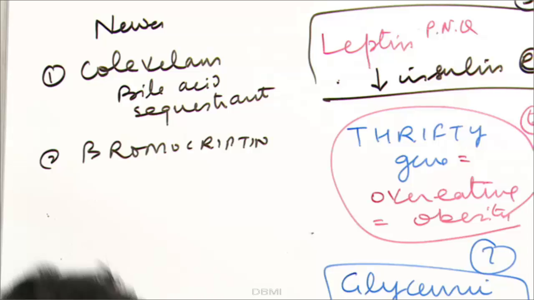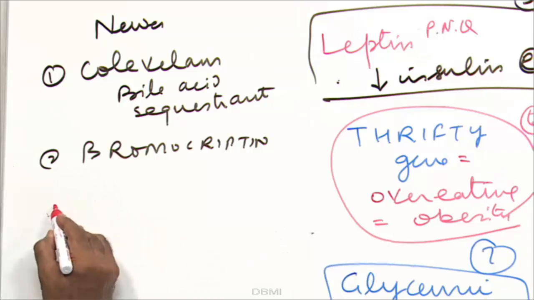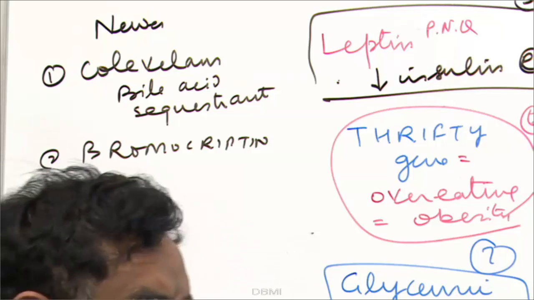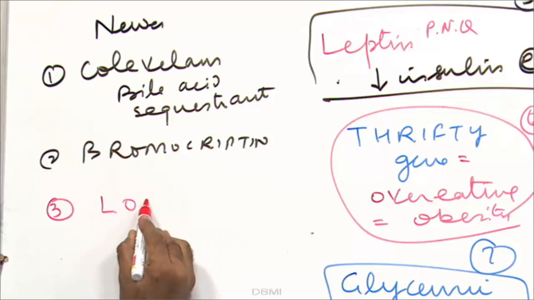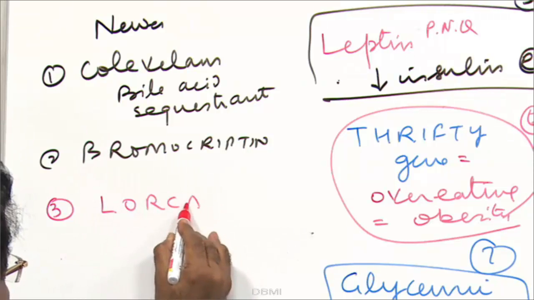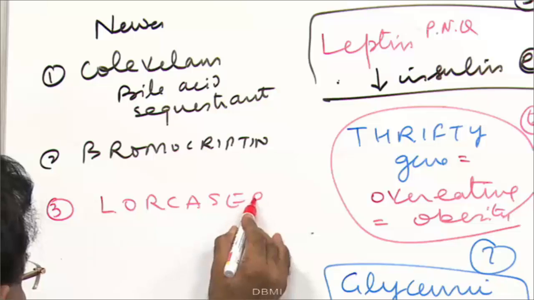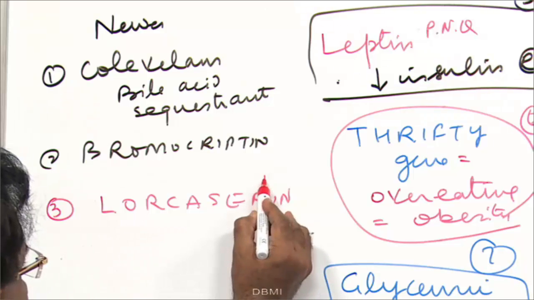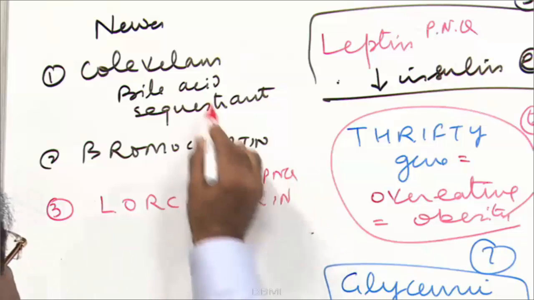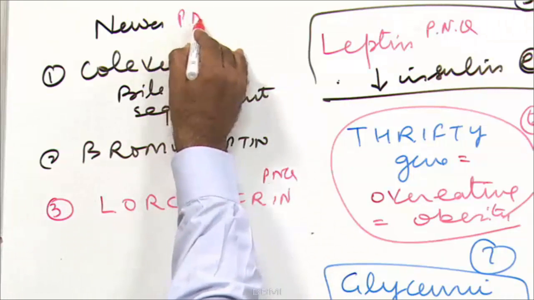Now we have one more drug, and its name is not there in the latest edition of Harrison also: lorcaserin. This question came in the last year November PGI exam, and these are prospective new questions.